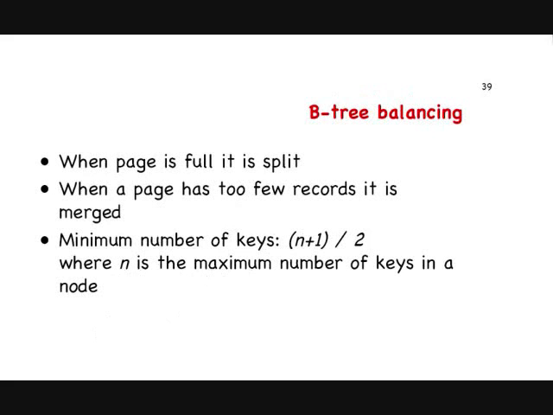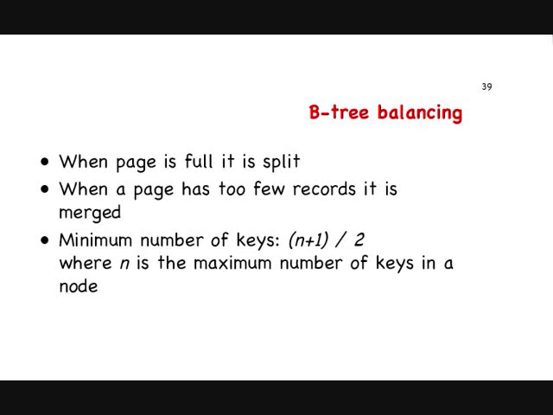Right, now, sooner or later in our B tree, the page gets full. And, oh dear, it has to split. And if it's got too few, it will get merged. The moment it gets less than half full, it'll get merged, if it can.